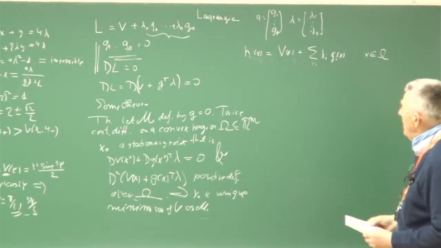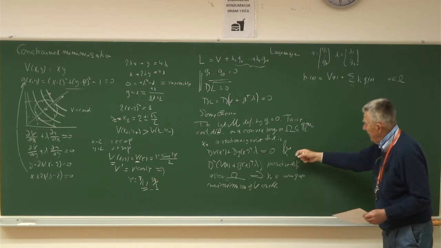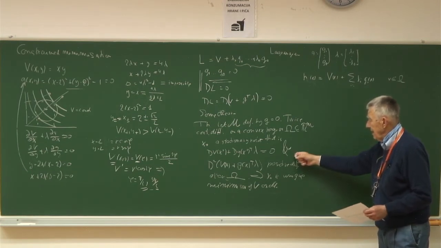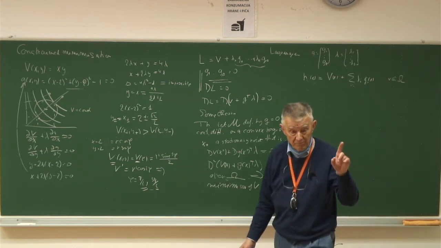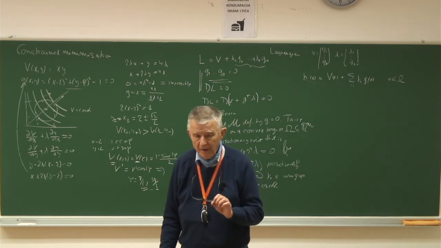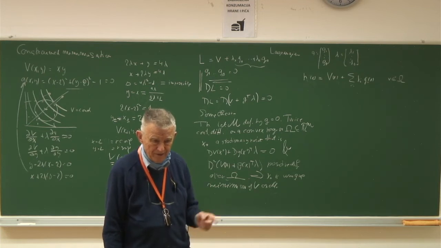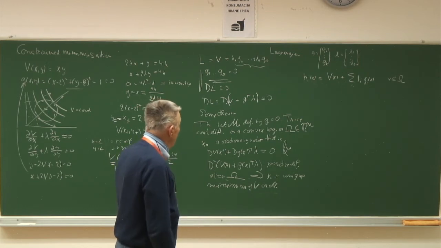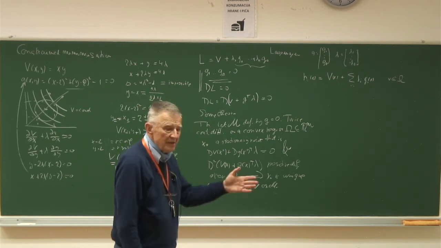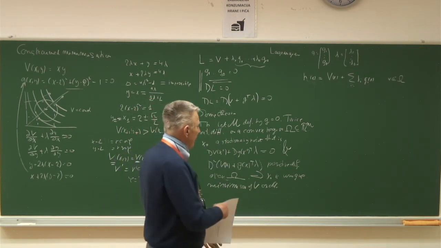This function has the property that its derivative is equal to 0 and its second derivative is positive definite. We know, we have proved it before, that such functions can have only one minimum in this convex region, and if the gradient is somewhere 0, then this is the unique minimum. That's the thing we know already. We have proved it before.